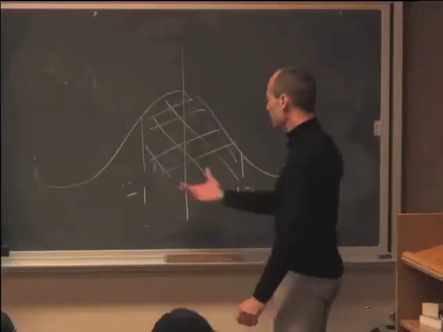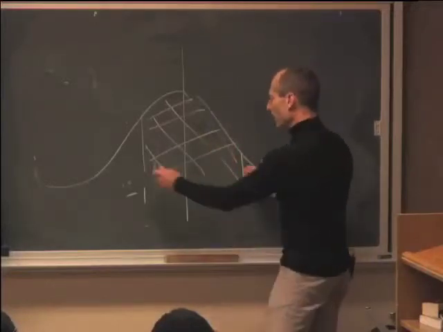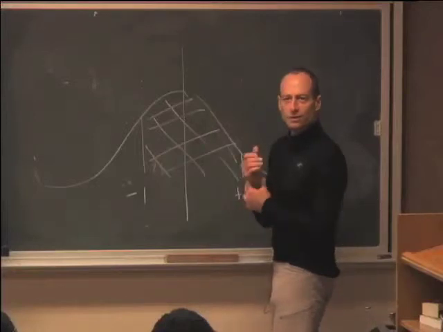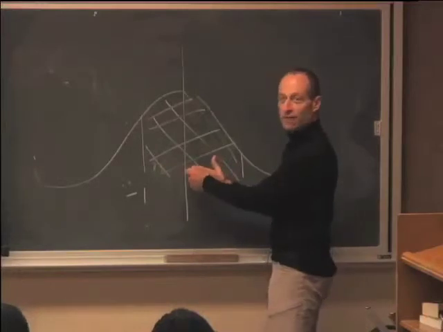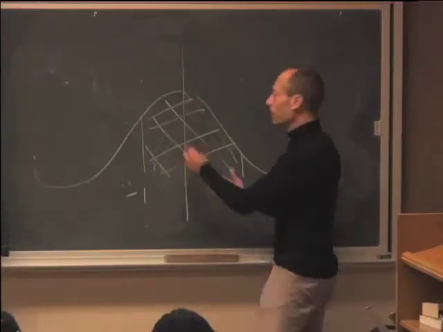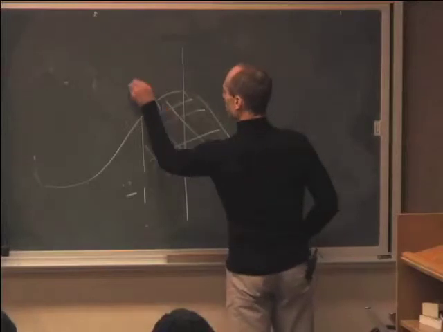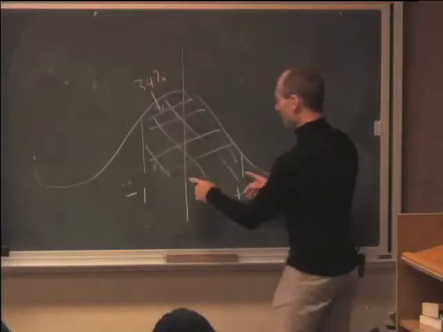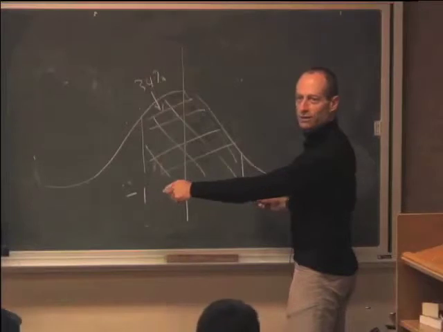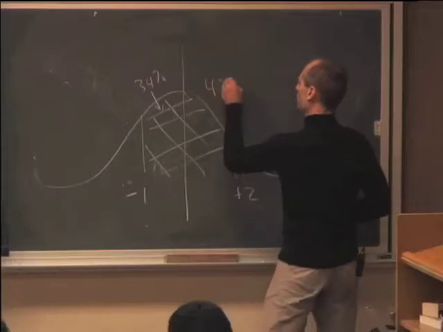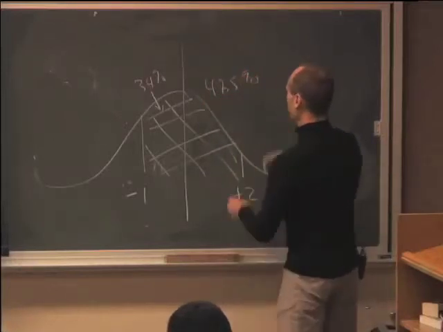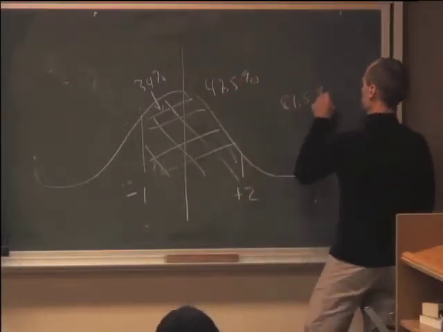Okay, what's that? Well, the area between plus or minus 1 is 68% roughly. So the area between -1 and 0 is half of 68%, which is 34%. And the area between plus or minus 2 is about 95%. Half of that is about 47.5%. So what do we have? 81.5% approximately.